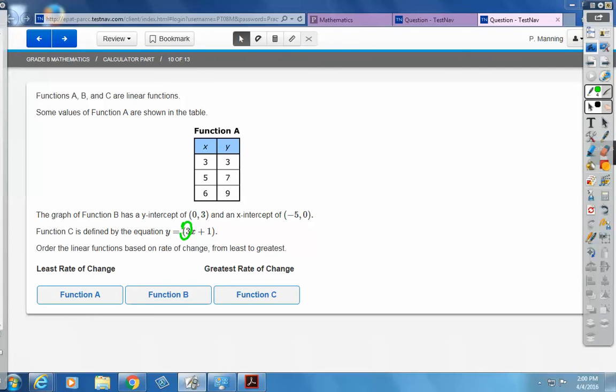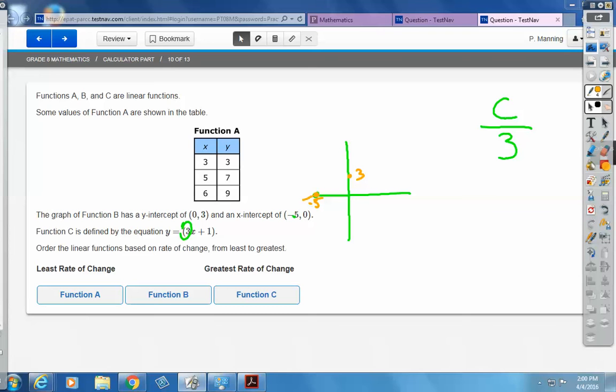The slope for C is 3. So here we need to find our slope for B, which has an x-intercept of -5 and a y-intercept of 3.